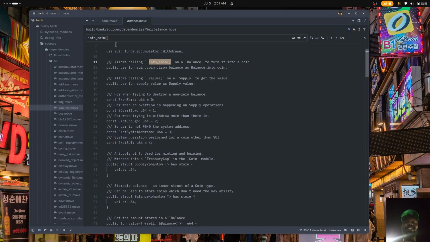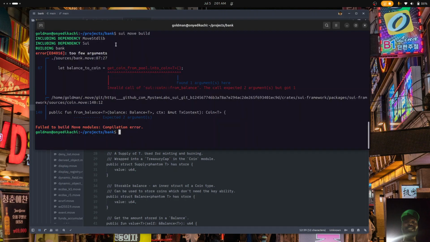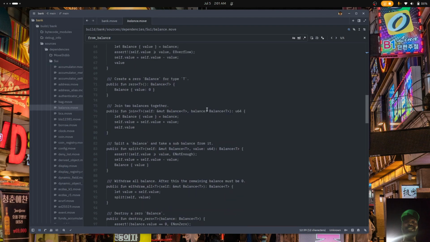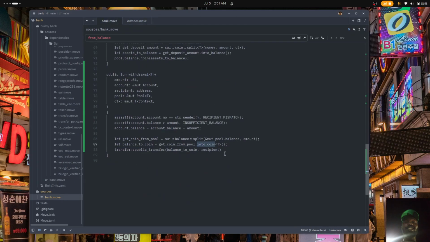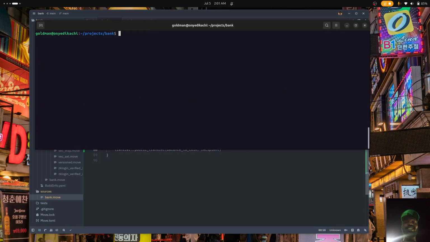Okay, so I am going to do from balance and see if there's any like that. It's from balance obviously, and it takes in balance and CTX. So what is missing here is just CTX. So I need to put in CTX here, just this way. This should work because CTX is already mutating. So I need to build it now.